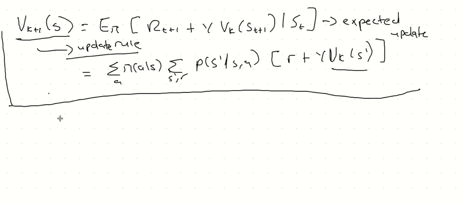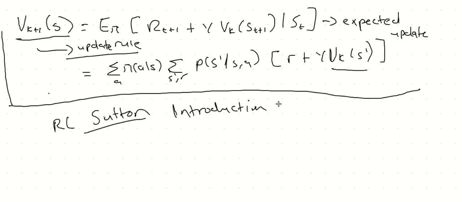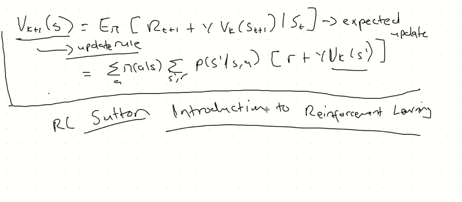Most of the material that I'm covering is in a book by Sutton, Introduction to Reinforcement Learning, I think was the name. If you search for Sutton's book, you should be able to see this stuff in more detail. I'm just trying to cover and explain the concepts illustrated in there, and I'm going to add programming exercises and so forth for this.